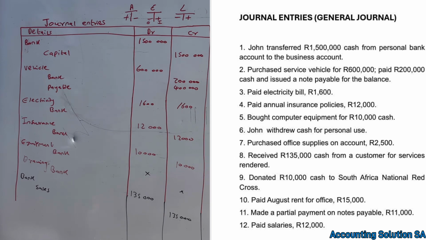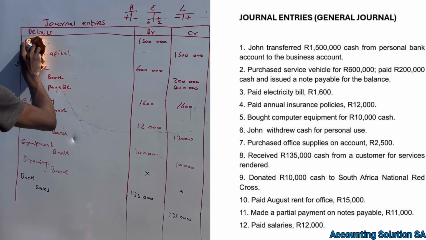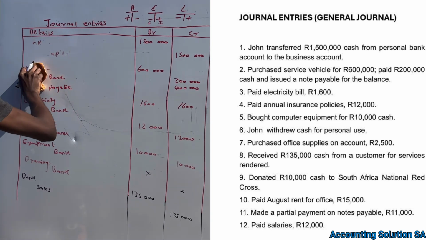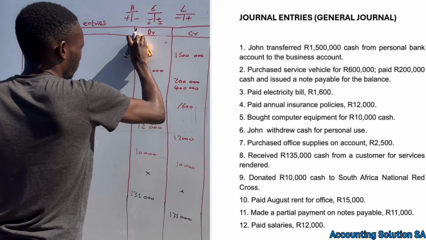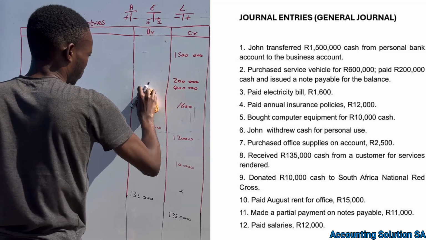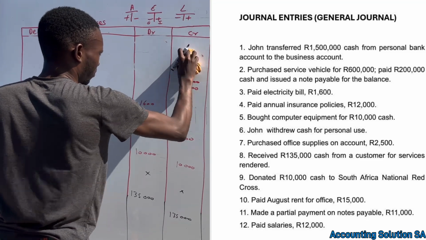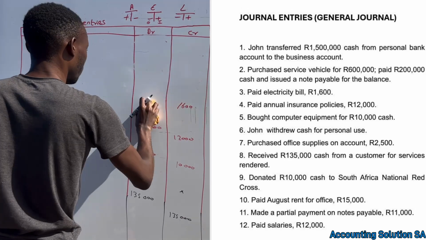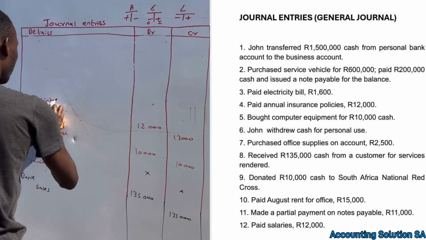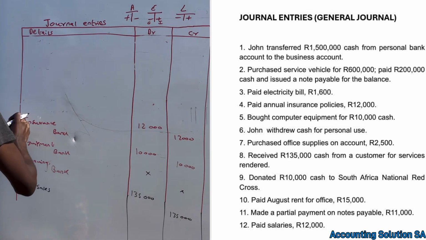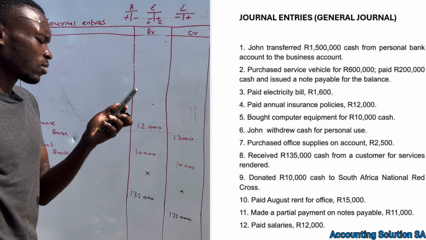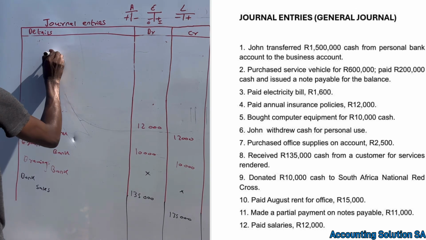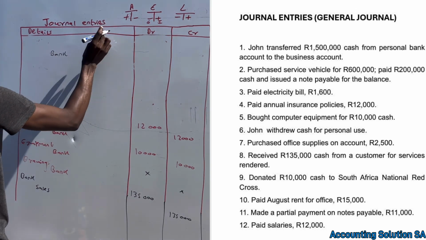Okay, now the next one. A donation of 10,000 cash, which means that our bank has decreased. Bank this side.